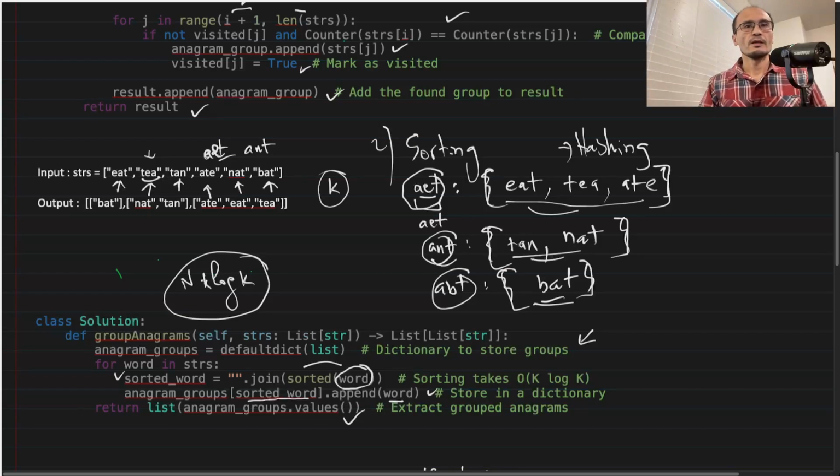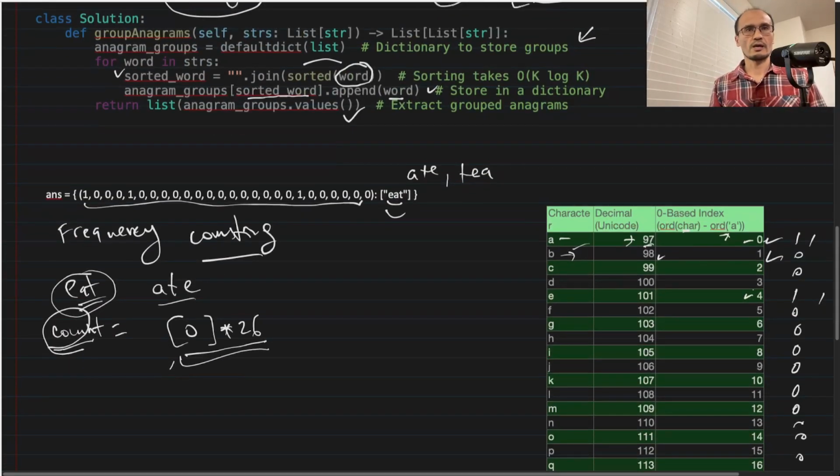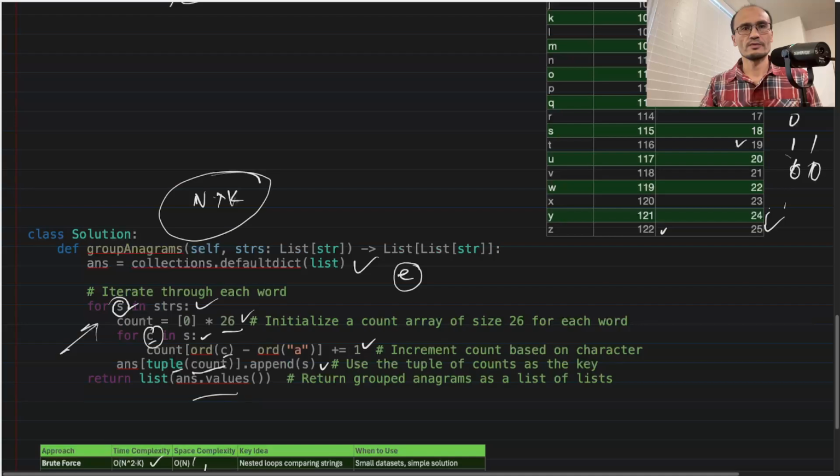For the last solution, we are using frequency counting. We count the number of characters in each word, forming a count list of size 26, and convert that into a tuple so that we can use it as a key. Then we collect them into the dictionary, and return the values of the dictionary.